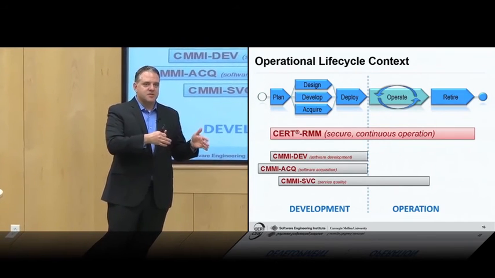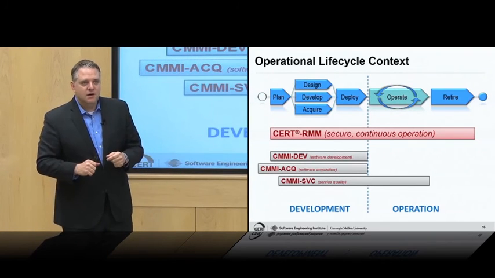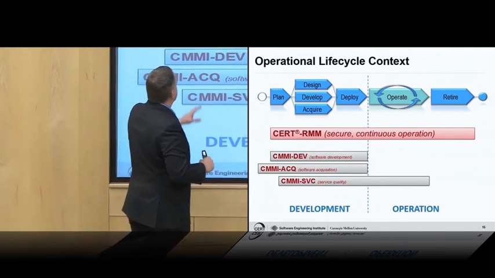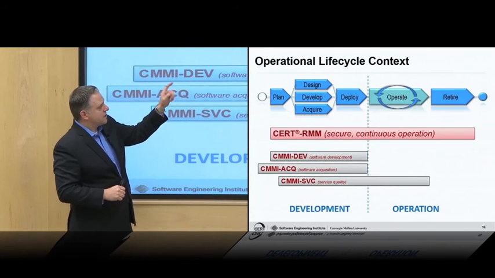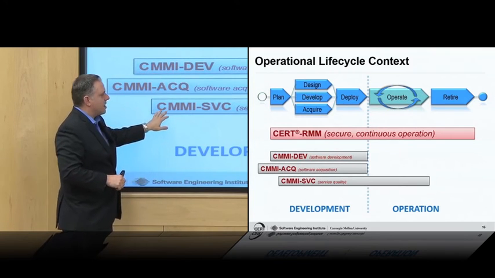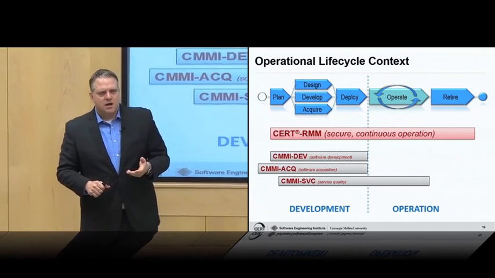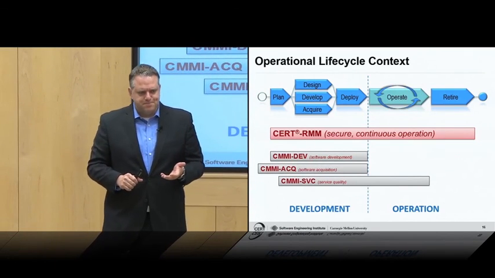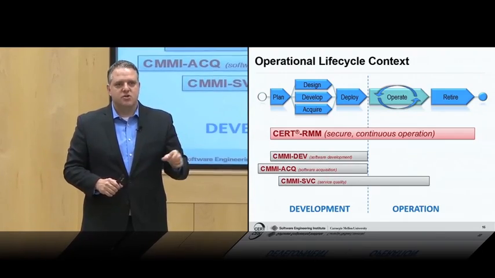So development efforts can be guided by RMM, operational efforts can be guided by RMM, and you can see there that it goes from everything from planning to deploying to operating to retiring. Whereas perhaps some of these other models that are plotted on here, like CMMI for development or acquisition, really only cover part of the total life cycle.